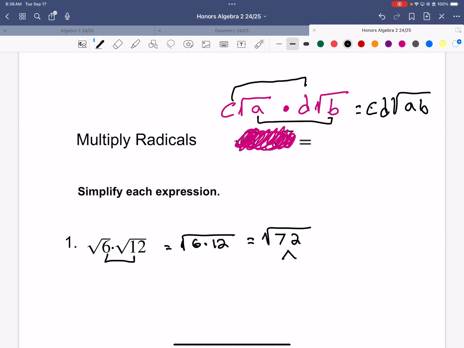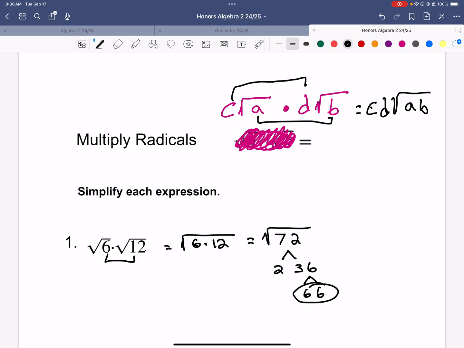Now simplify. So if I simplify 72 divided by, I'm just going to pick a perfect square to divide it by to see if it works, and it's divisible by 36. I think it's 2 times 36. 36 is 6 times 6.